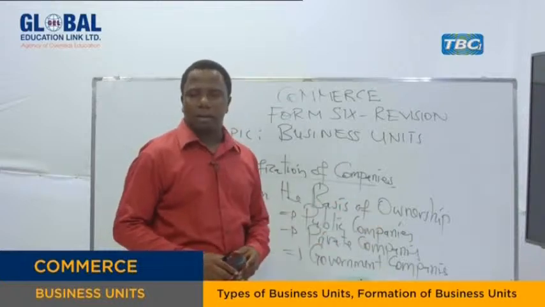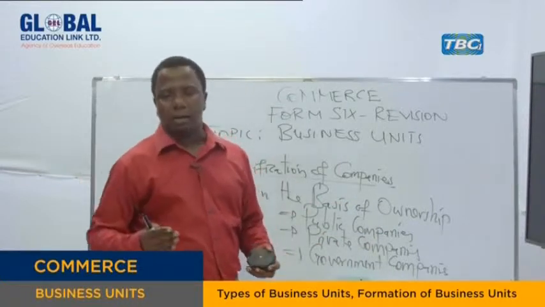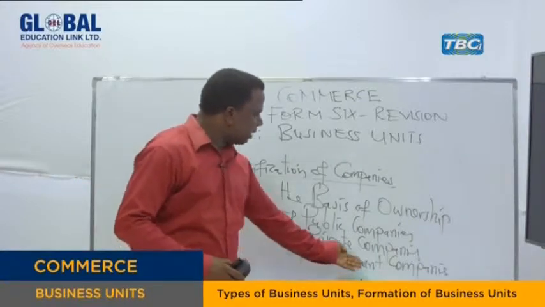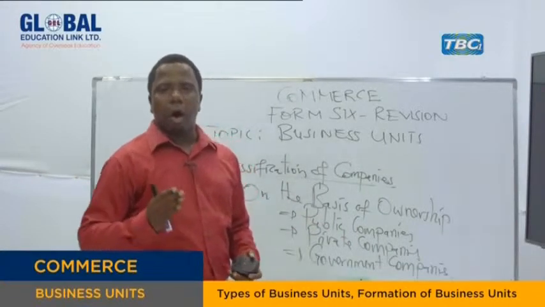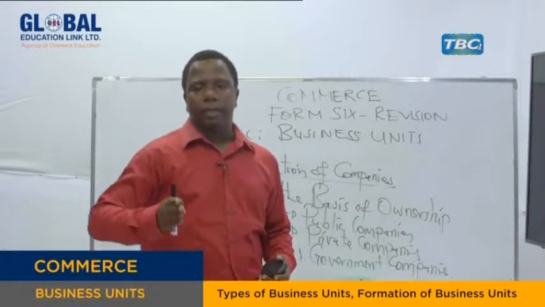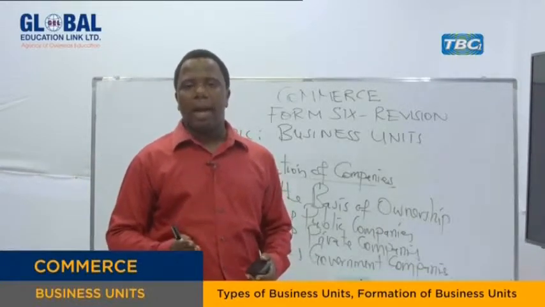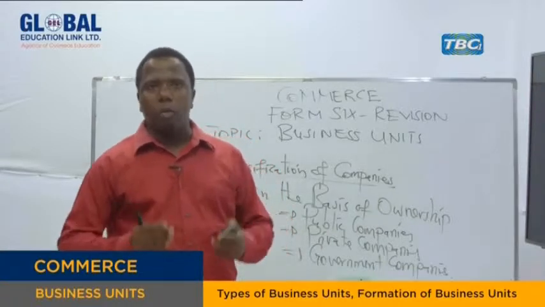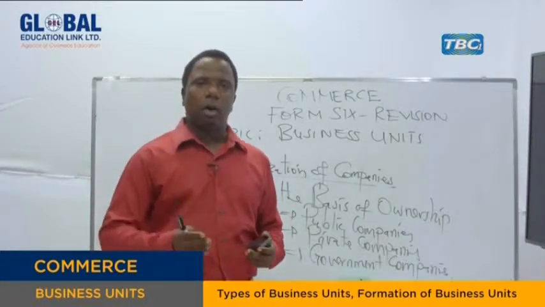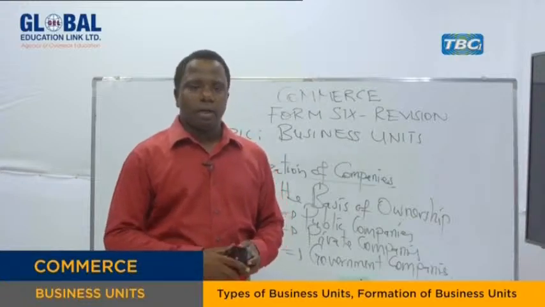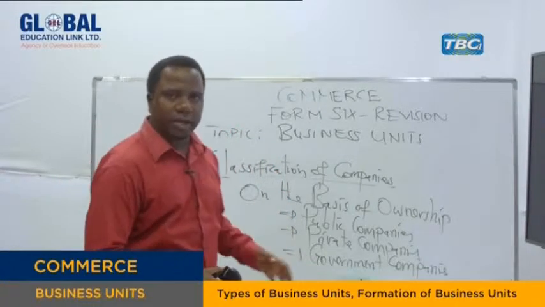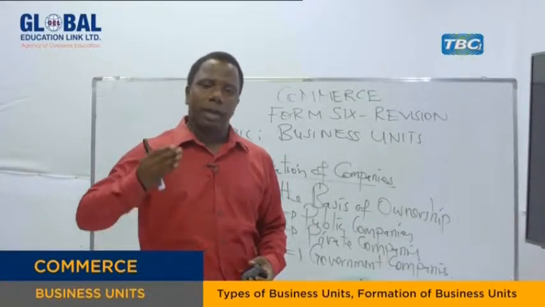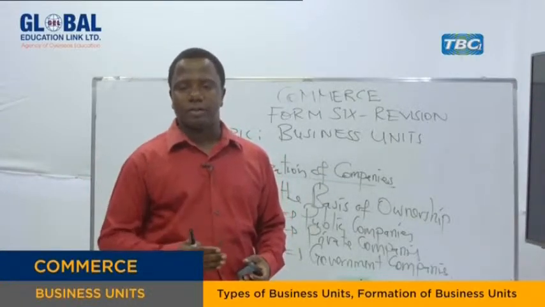It means any number, any amount. While government companies are owned by the government, either the whole company or a large part of the ownership. So my dear students, these are different ways in which companies can be classified.